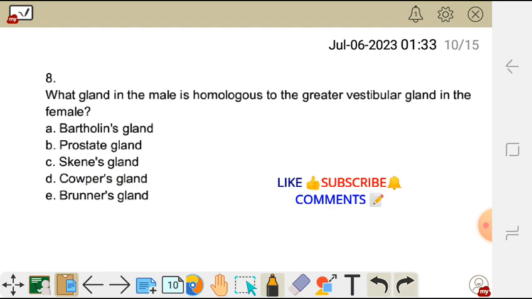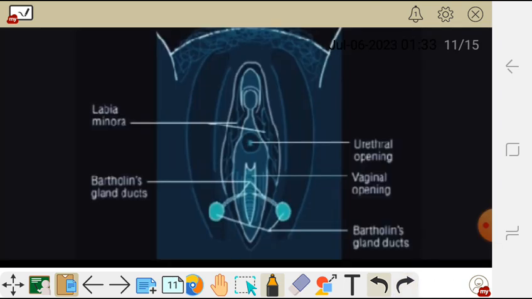Cowper's gland is homologous to the greater vestibular gland, which is also called Bartholin's gland. So that Bartholin's gland or the greater vestibular gland is this pea-like shaped gland, which is just found inferior to the labia minora.